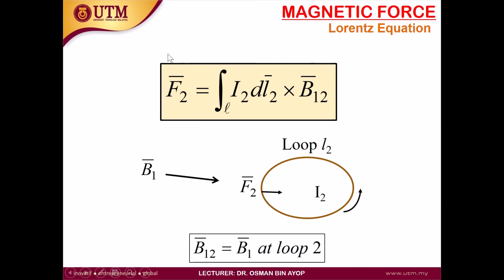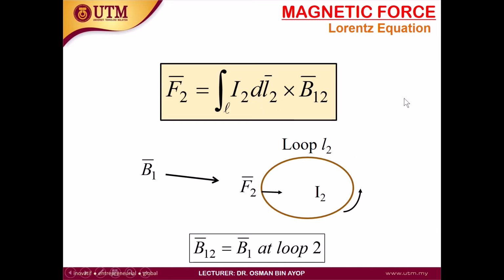The force F2 can be expressed as the integration of I2 dL2 cross B12. dL2 is a vector, so it depends on the direction of the current. If the current is in the positive direction, it will be positive. When the current is in the opposite direction, it will be negative.